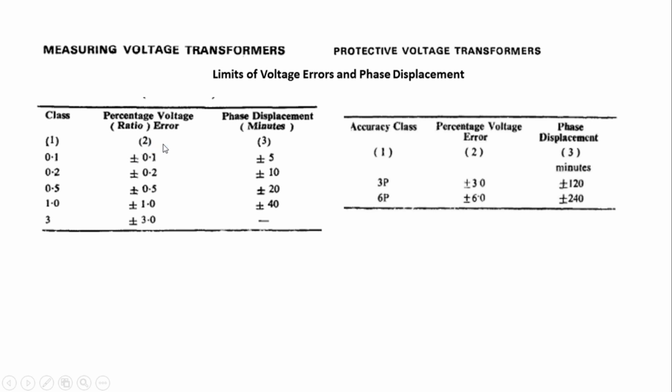Example, for class 0.1 the ratio error should be in the limit plus 0.1 to minus 0.1, and the phase error must be plus 5 to minus 5 when the voltage is applied between 80% to 120%. Right table is for protection winding permissible limit of errors.